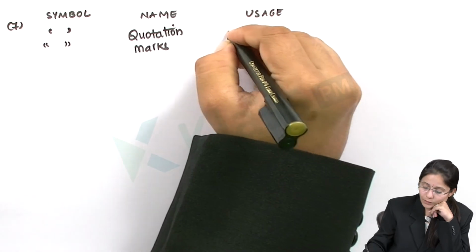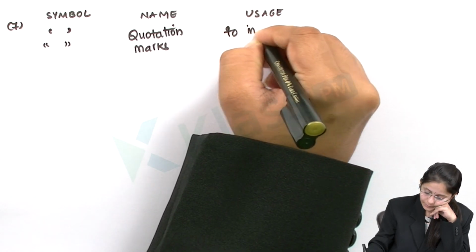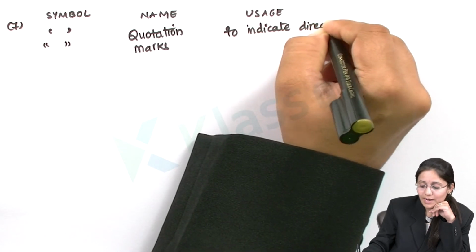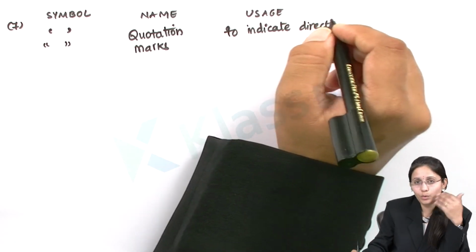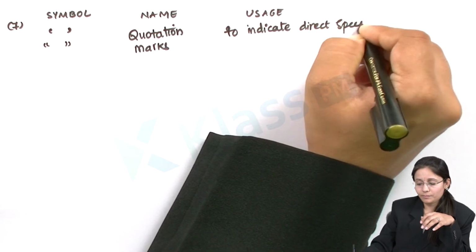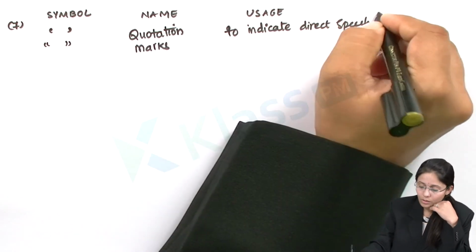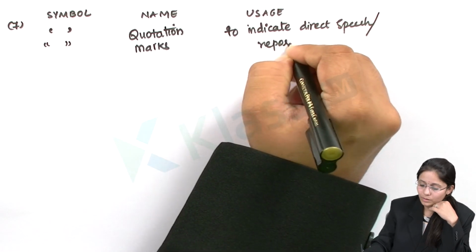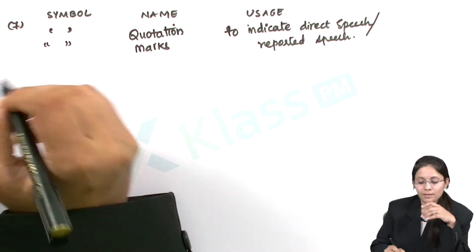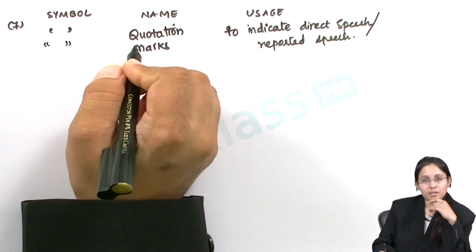When we want to indicate direct speech, meaning the direct words spoken by a person. You will see further what direct speech is. So to indicate direct speech, or you can call it reported speech. Okay, so these symbols are termed as quotation marks.